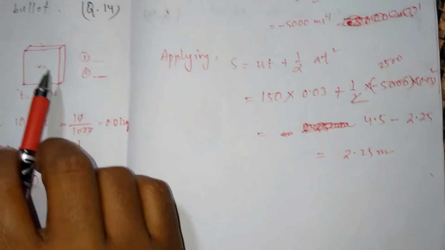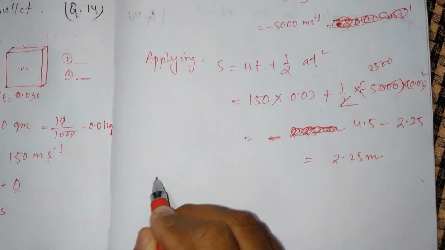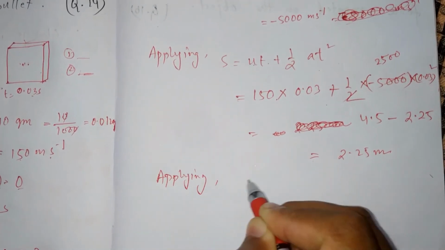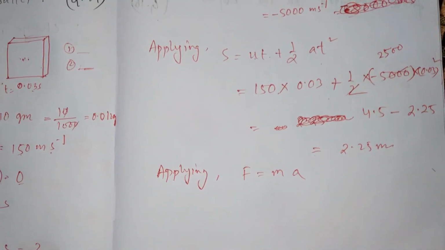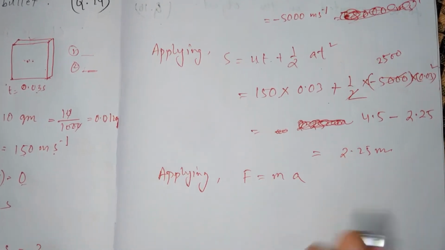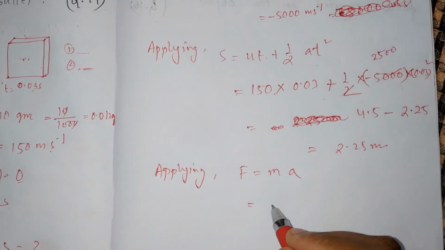Then we apply F = ma. We need to find the force by which the board stopped the bullet. So we'll use this formula, F = ma. We don't know F, but we know the mass. What is the mass of the bullet?